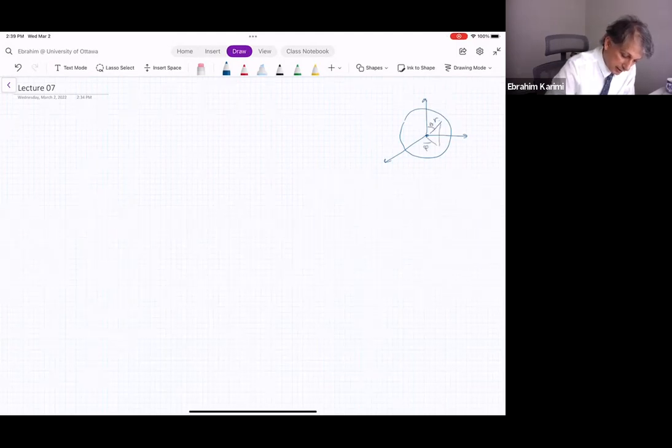And in the spherical coordinate r, theta, and phi, we try to solve the Laplacian of phi, which here is phi of r, theta, and phi equal to 0. And we try to solve this.